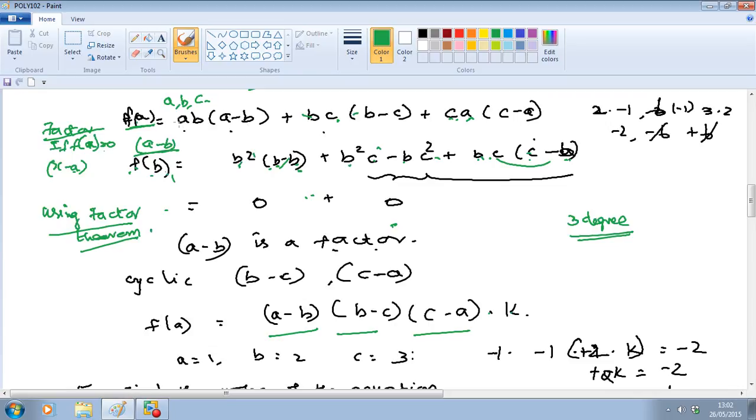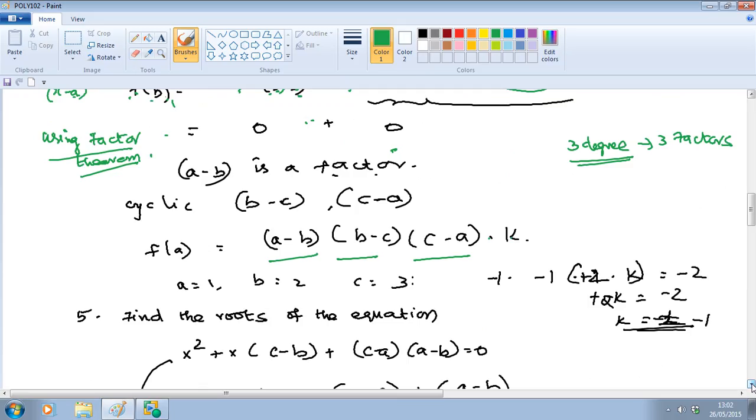Why? This a square b, 2 plus 1, the degree of the equation is 3. 3 degrees are there, so you have got 3 solutions, 3 factors. If it's a 2-degree, 2 factors. So we have to find the value of this constant.